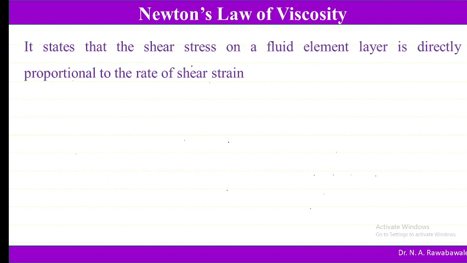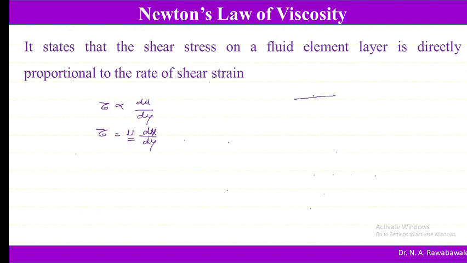So shear stress is proportional to the shear strain, that is du by dy. So tau is equal to mu du by dy, where mu is the viscosity. This tau is the shear stress between the two layers.